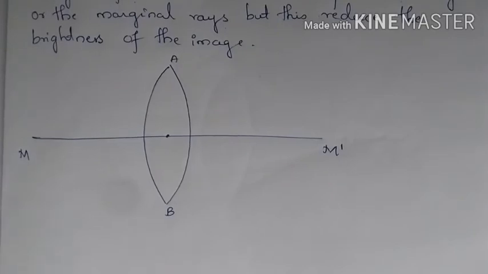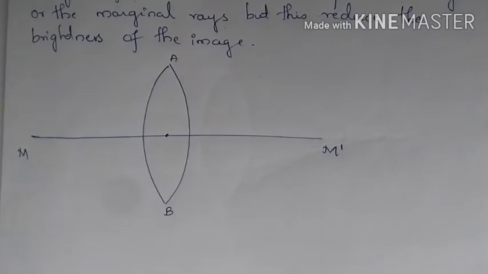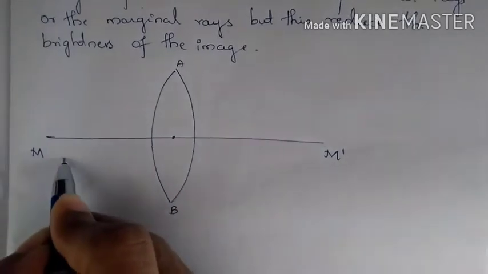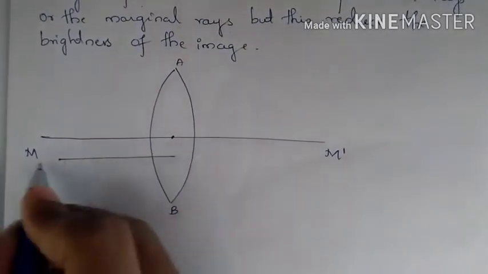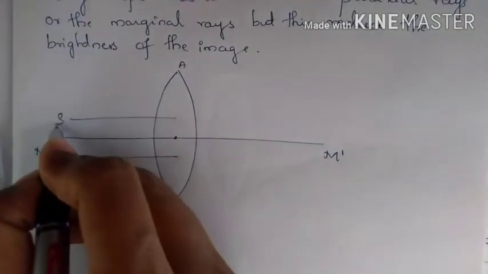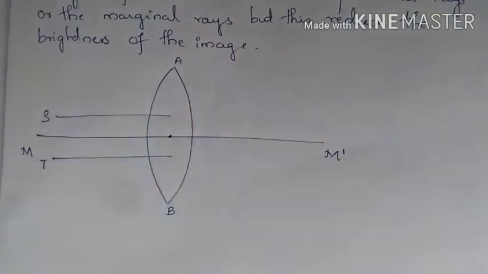Now if you allow only one kind of rays, then at least you will minimize the spherical aberration. So let us remove the marginal rays first. You have the paraxial rays T and S which fall on the lens.